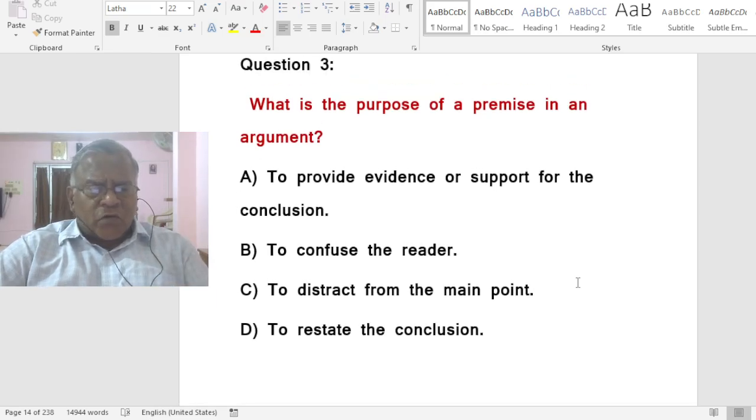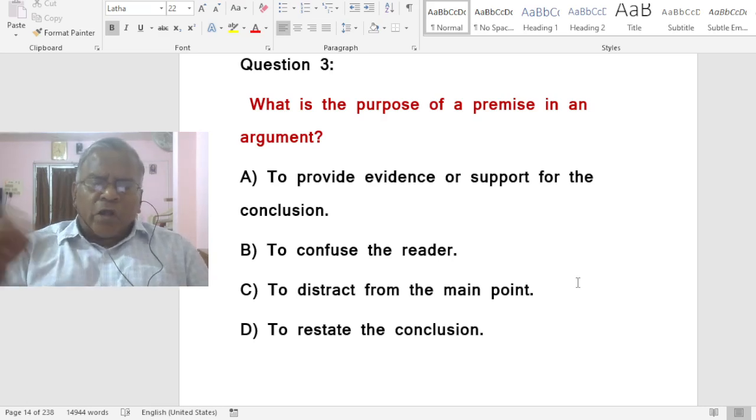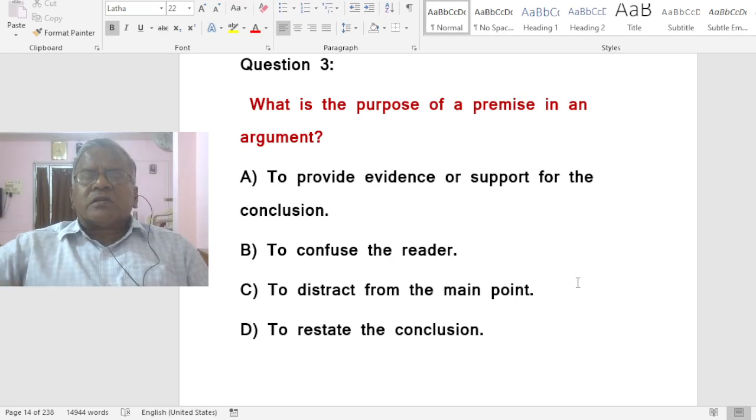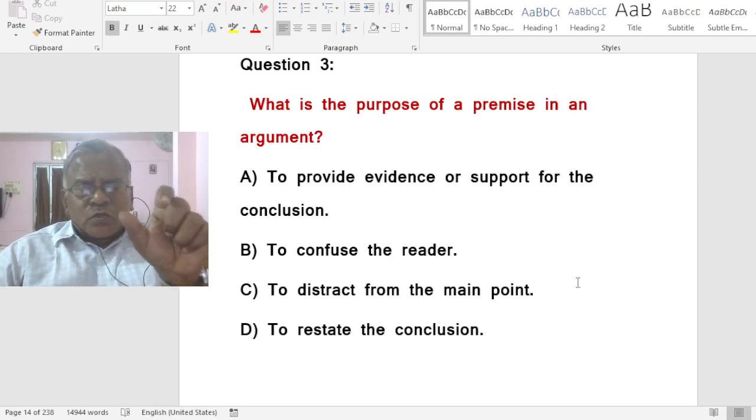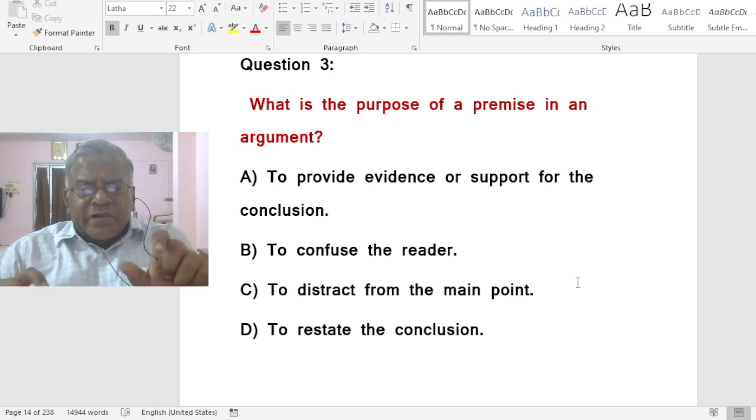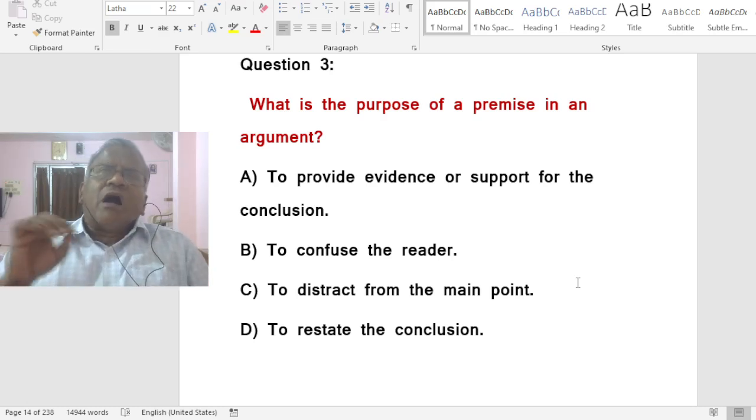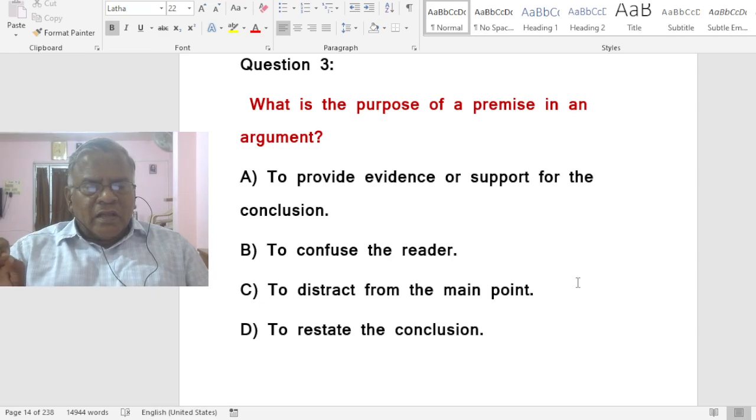By this time you would have found out. To provide evidence or support for the conclusion. All men are mortal, Aristotle is a man, Aristotle is mortal. So these two premises give evidence to the conclusion, namely Aristotle is mortal. He is also a man, no? So all men will die.